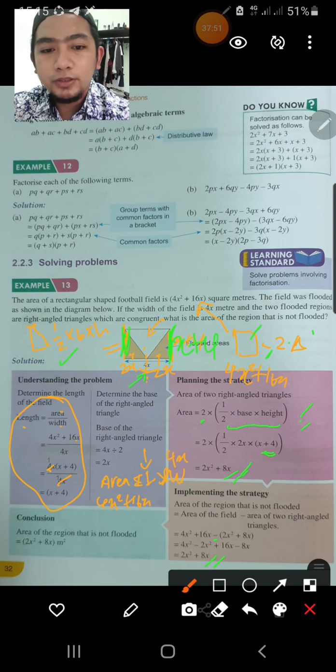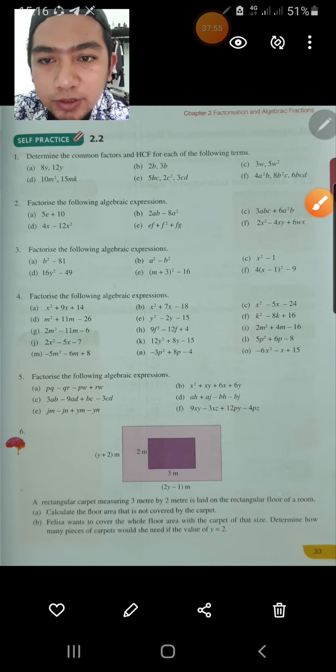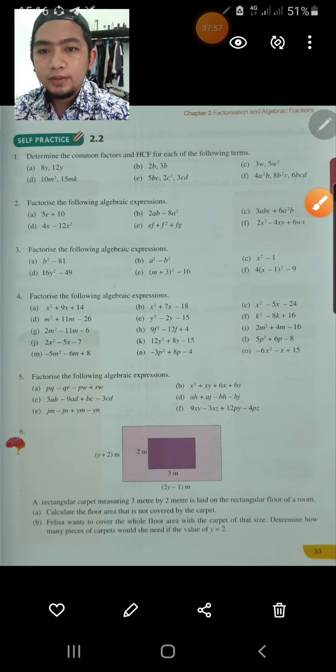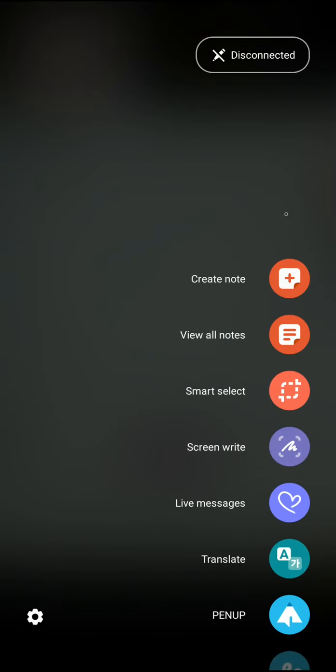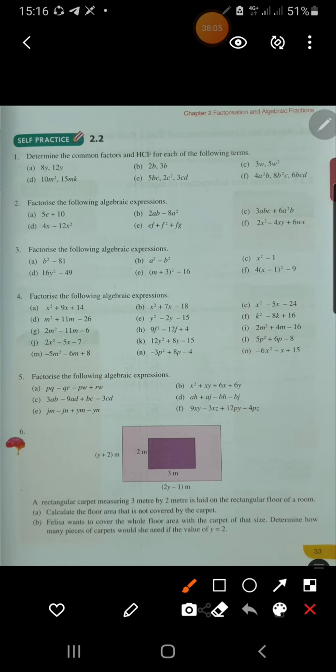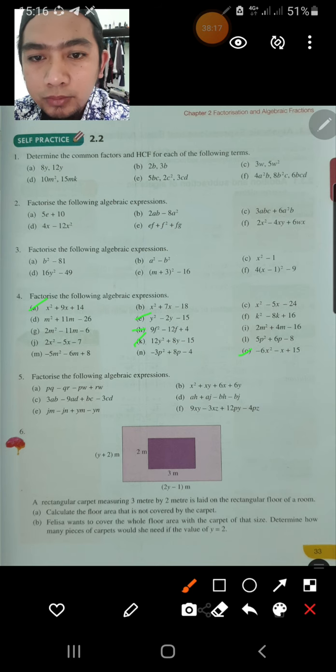Okay, so that's all for today. So don't forget to answer your task. First question, question 4, you kena answer. Okay, jangan answer semualah, terlampau banyak. So you answer question A, question E, question H, K, O. That's all.